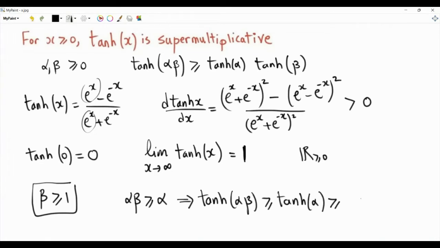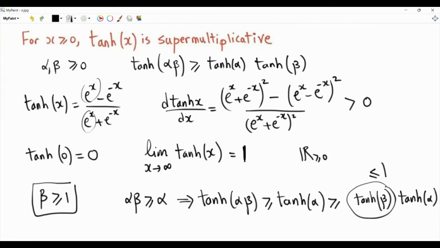Now, this is greater than or equal to tanh of alpha multiplied by a positive number that is less than or equal to 1. And we can choose tanh of beta, because the tanh function is going from 0 approaching 1. So tanh of beta is less than or equal to 1.